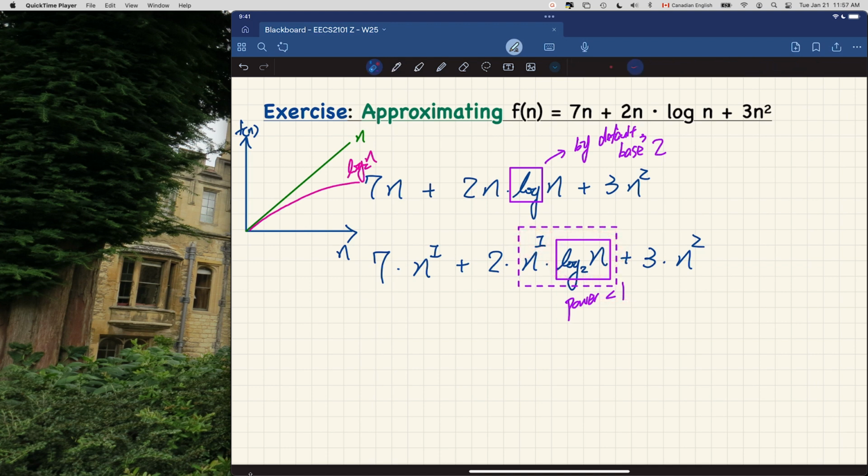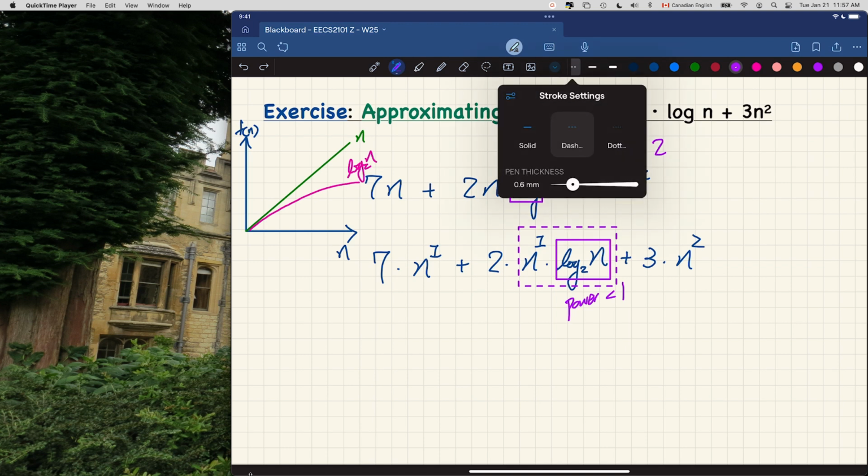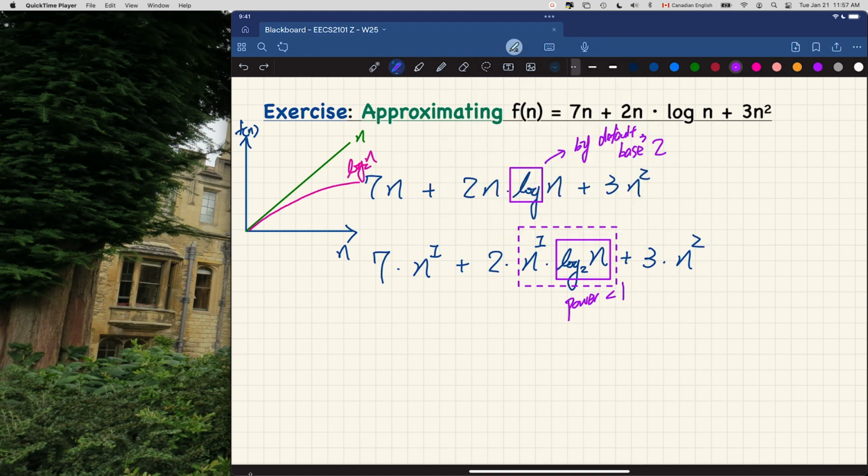So we just got 1 point something, roughly speaking. The power here is about 1 point something, strictly less than 2. So that's why I didn't choose this one as the highest power. It should be this one. That's really why I'm talking about that.